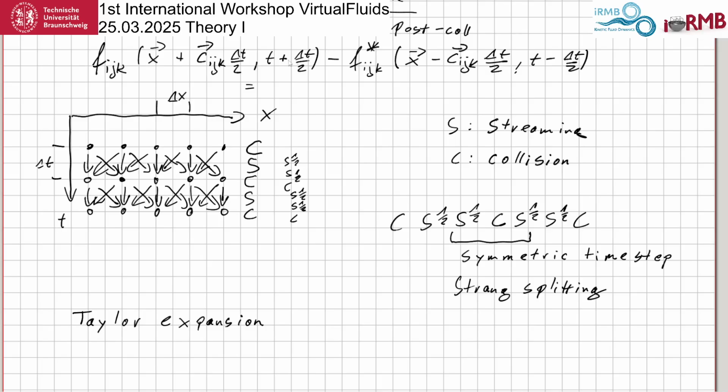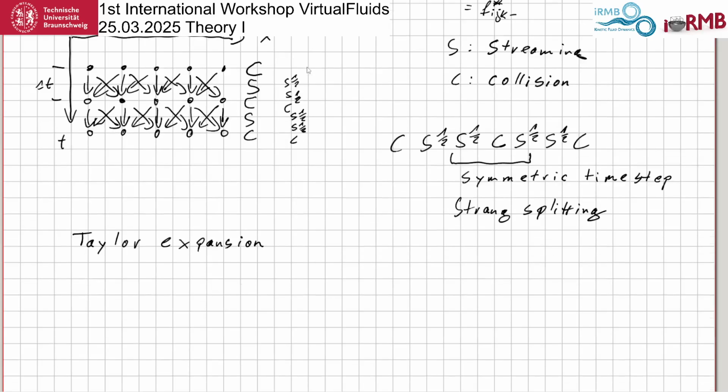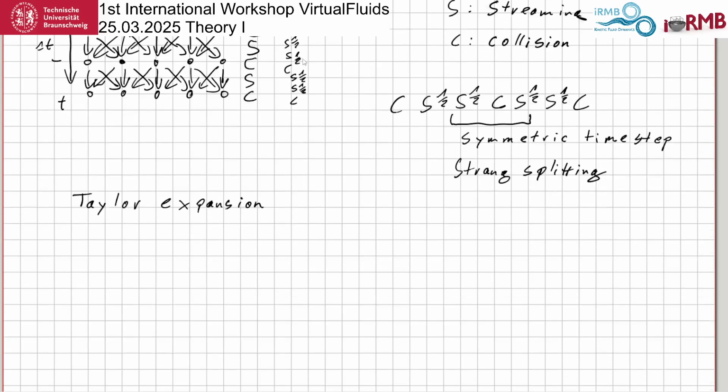Because these things look a little bit ugly here, I will now say that this is f_ijk plus, because it goes in positive direction, and I will call this here f_ijk star minus, just to make it a little bit more compact, because we now have to go through these things.